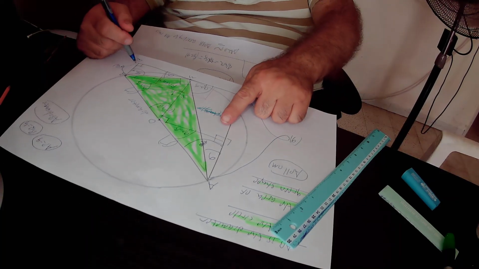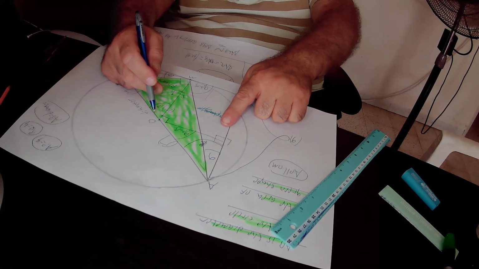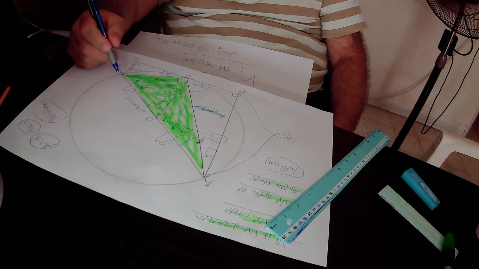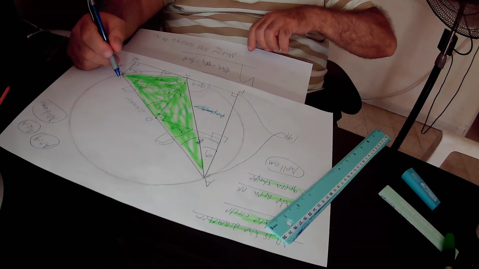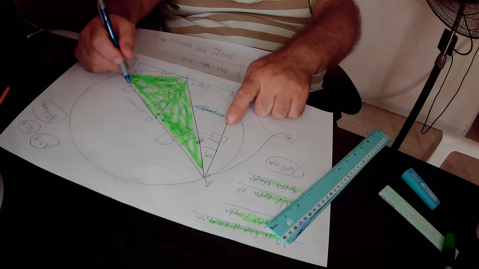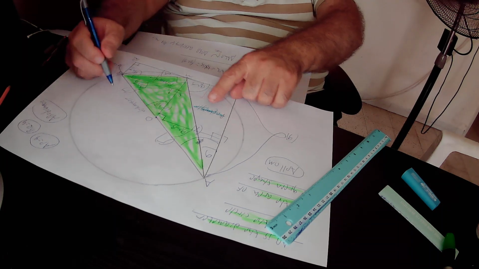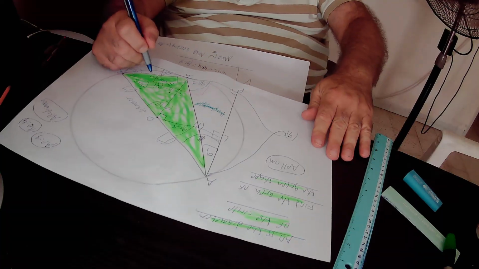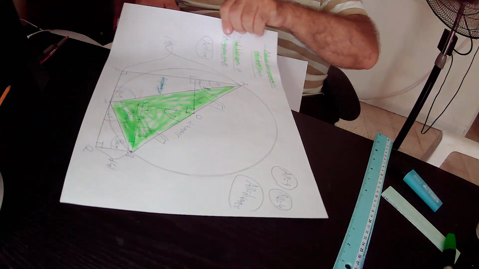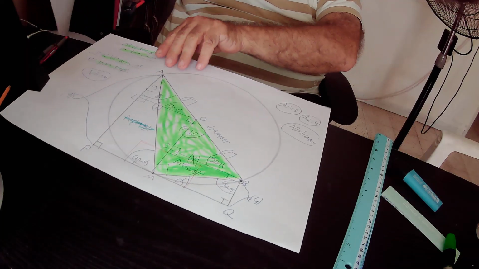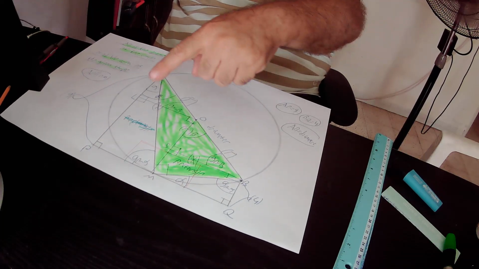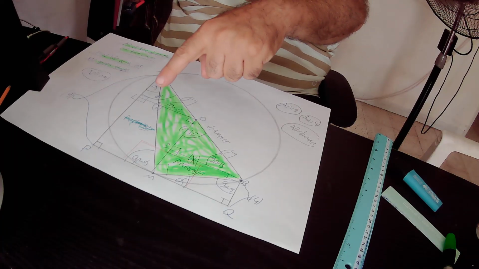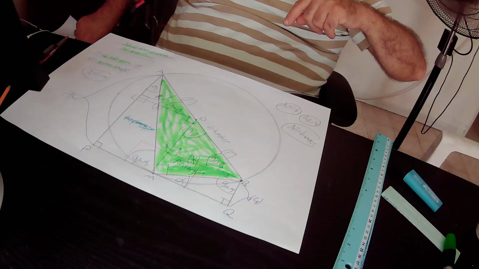So if we know that LO is equal to SB, and we define LO as x, then SB must also be equal to x. In the big rectangle LOMP, side LO is equal to the opposite side PM, according to the rule that the opposite sides of a rectangle are equal to each other.